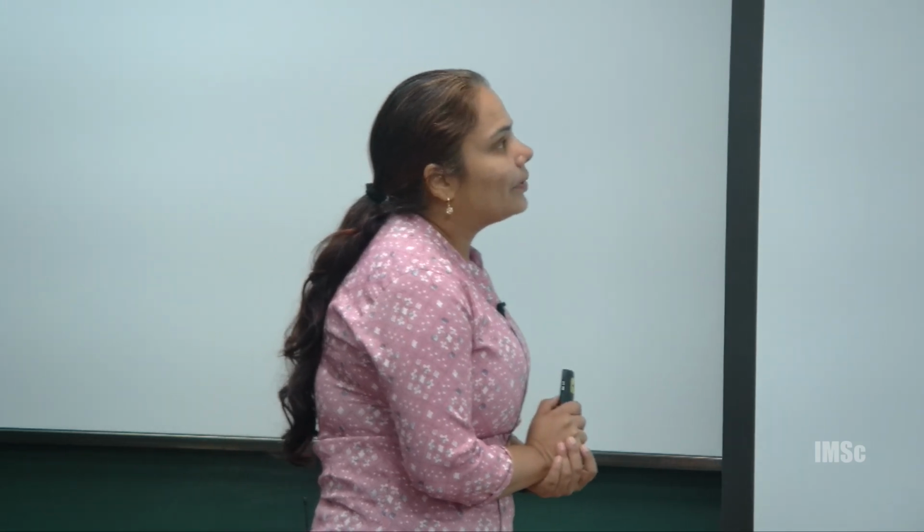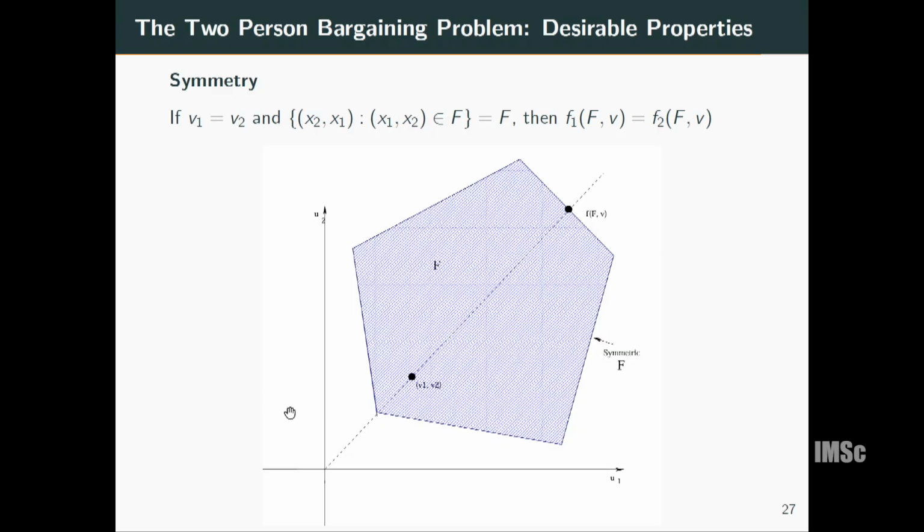Now, another property is called the symmetry property. What is the symmetry property? If I have a symmetric game, that means my disagreement points v1 and v2 are exactly the same, and if (x1, x2) belongs to the feasible set, then (x2, x1) also belongs to the feasible set. Our traffic game was a symmetric game.